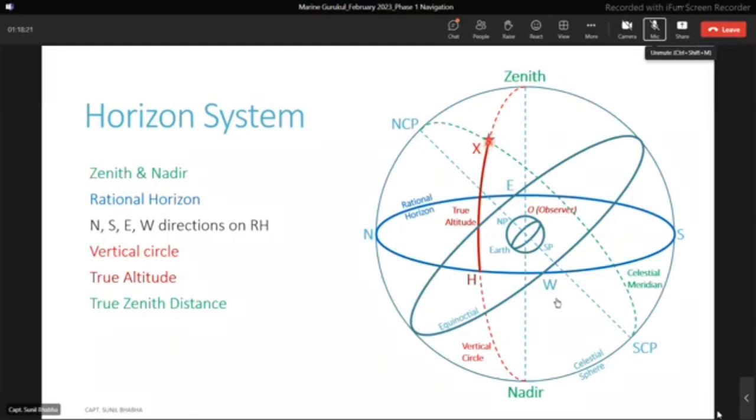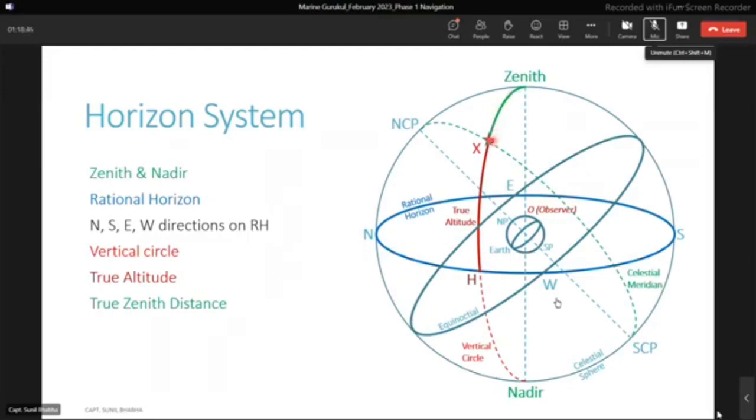Now if you go further upwards from the body up to the zenith, this arc of the vertical circle contained between the zenith and the center of the celestial body, let me highlight it in the diagram. The green color arc which you see is the true zenith distance of the celestial body.